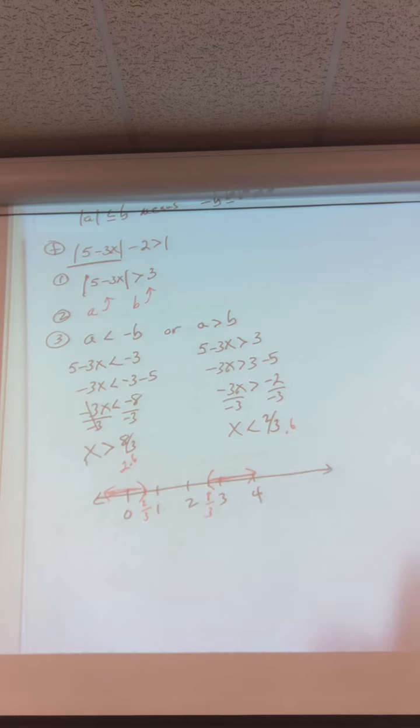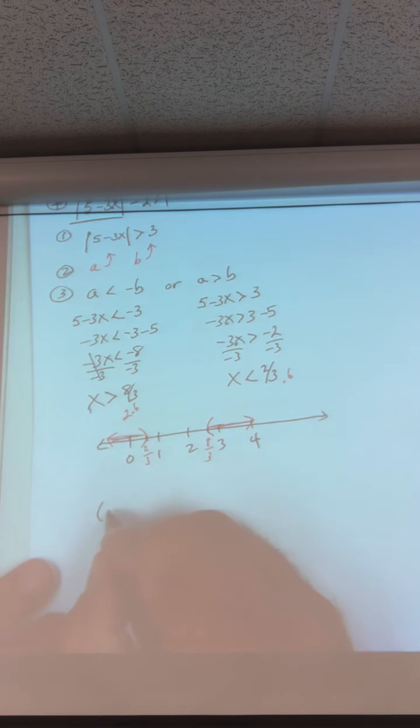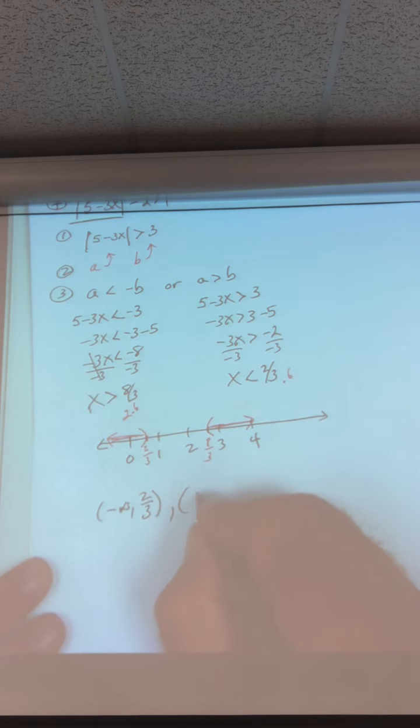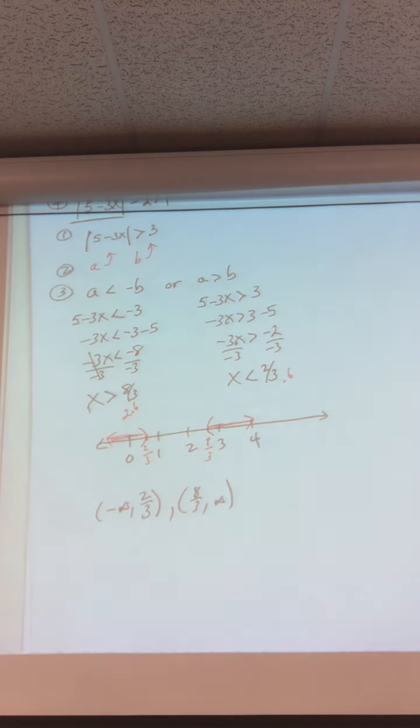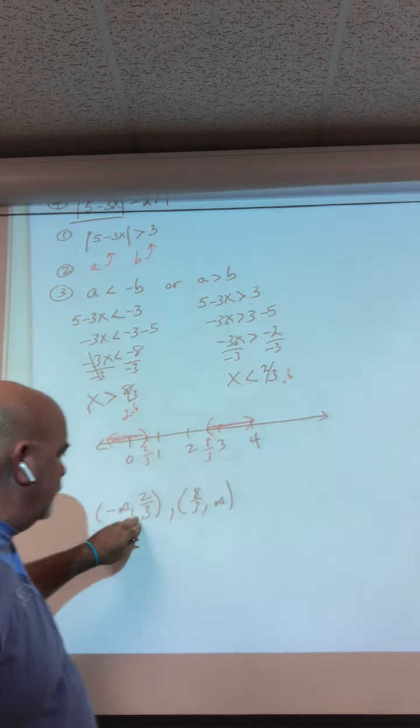Now let's do the interval notation. And this is why I like to graph it before I do the interval notation. The interval notation would be from negative infinity to 2/3, parenthesis, comma, 8/3, comma, infinity. Don't use the decimals in here. It won't accept it. Now when you list the interval notation, you have to list the less than one first.